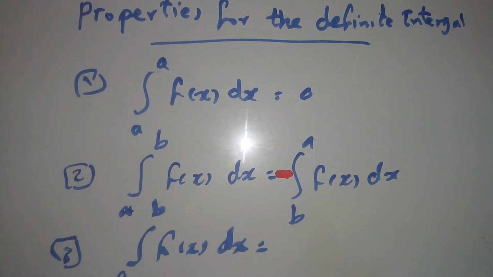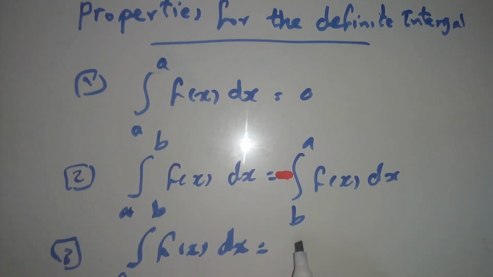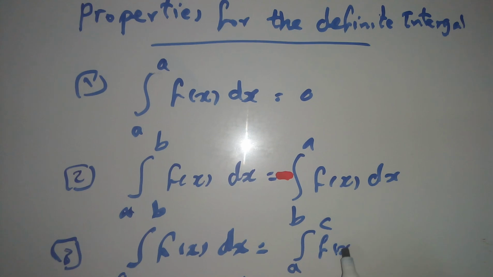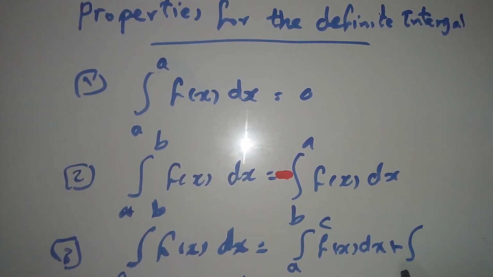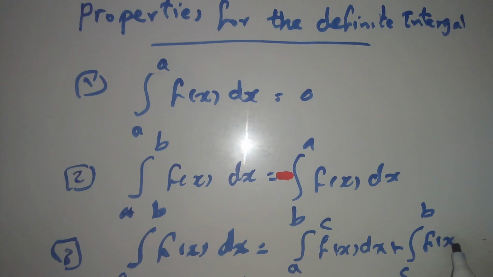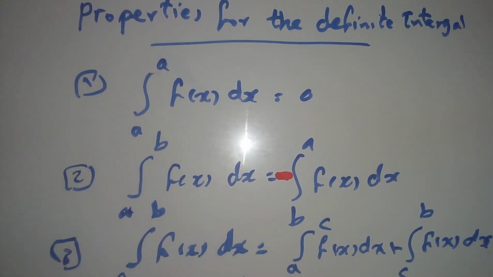If you have any number between a and b, like c, in the closed interval, you can break it down into two integrals: from a to c of f of x dx plus from c to b of f of x dx. These properties will help us to solve many problems easily.